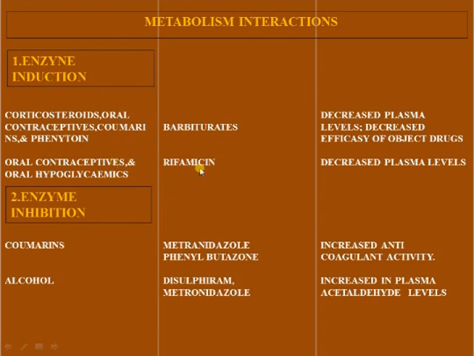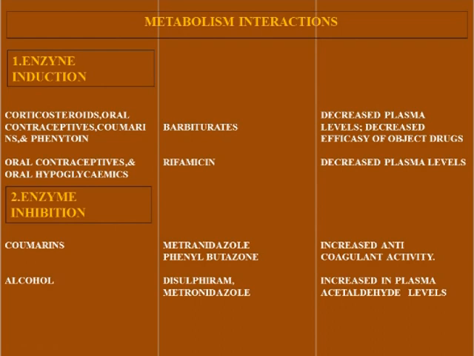So here is an example about enzyme induction. The best known, the mother of all inducers, is rifampicin, an anti-tuberculosis drug. When given with oral contraceptives, rifampicin induces enzymes. Oral contraceptives get metabolized faster because they are related in metabolism to the same cytochrome P450. This decreases plasma levels of oral contraceptives, rendering them useless.